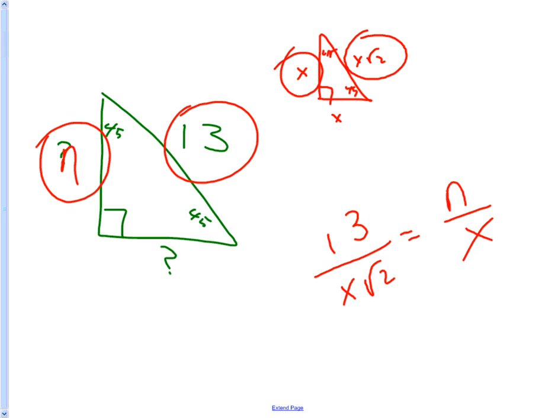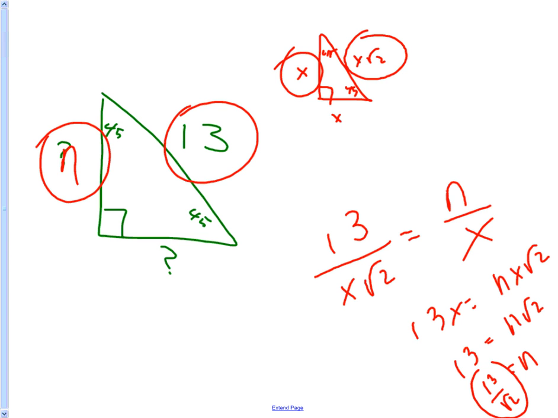That's another way you could do it. And then you cross multiply and you solve. 13x equals n times x times square root of 2. Then I divide both sides by x's and they cancel, and I'll have 13 equals n times square root of 2. And then I'll have n equals 13 over the square root of 2.